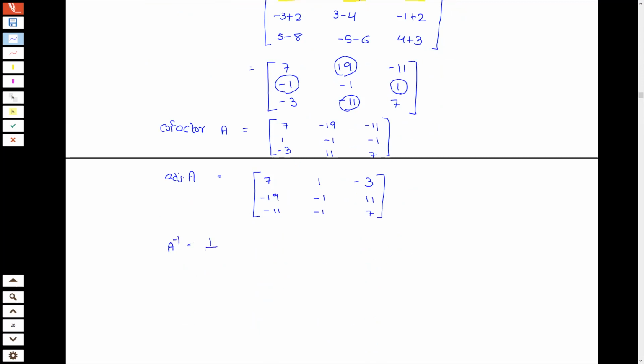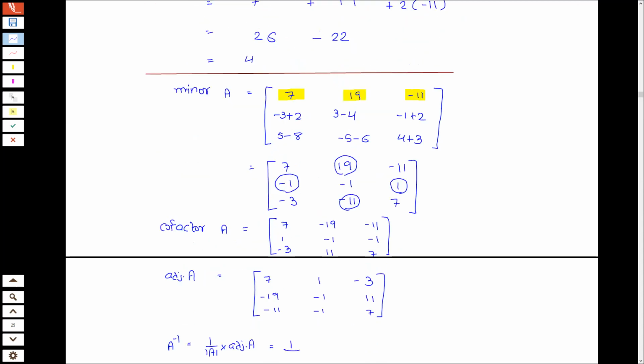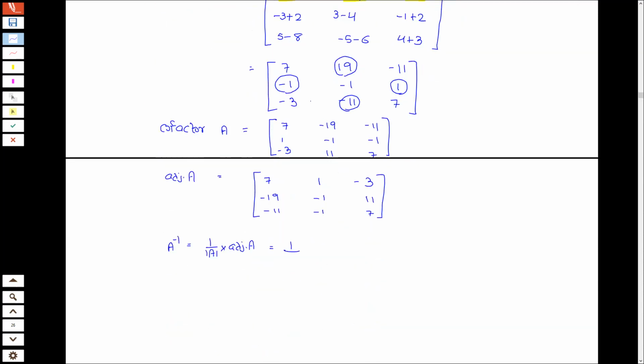A inverse is 1 upon determinant of A into adjoint of A. So 1 upon determinant of A, which was 4, into adjoint: 7, 1, minus 3, minus 19, minus 1, 11, minus 11, minus 1 and 7.